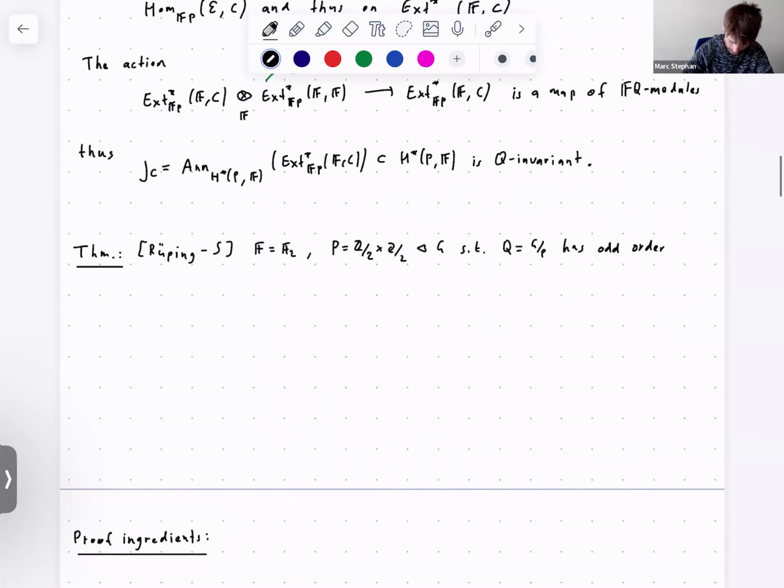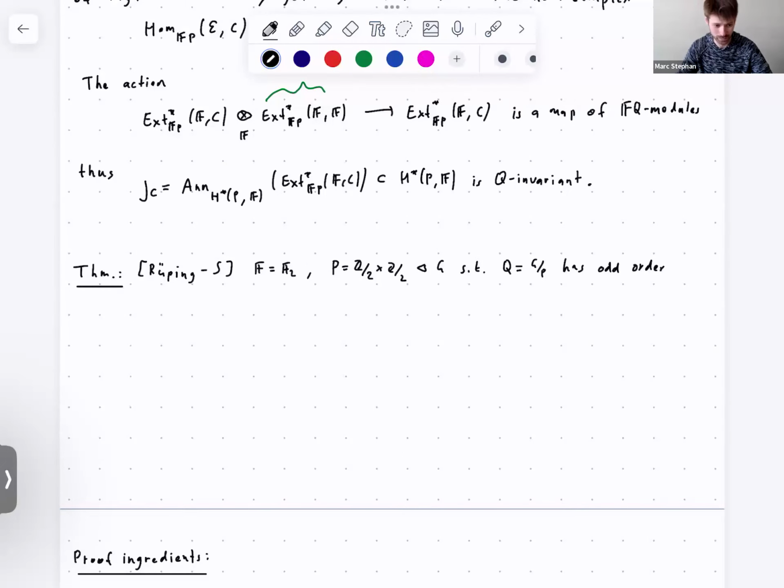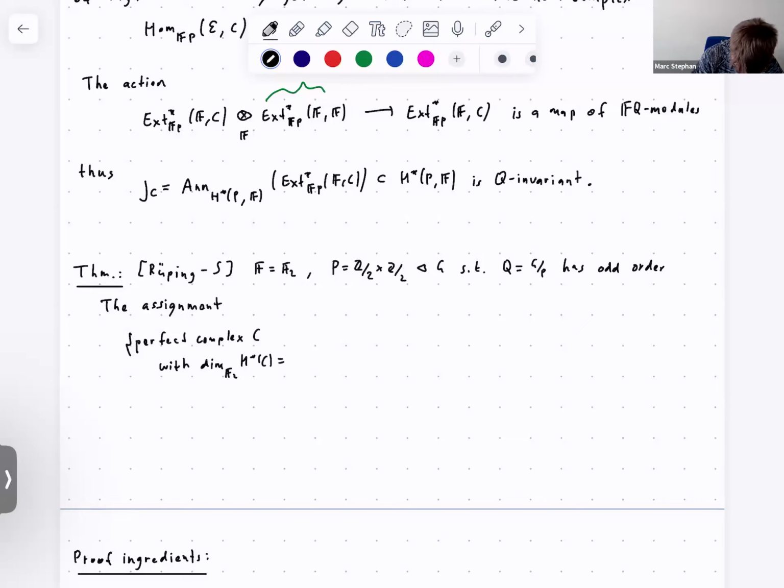And now in the specific case where our field is of characteristic 2, or actually, I'll write F2, it makes it a bit simpler, and our P is C2 cross C2 sitting inside some group G such that the quotient is of odd order, then we get a classification of perfect complexes with four-dimensional homology, namely the assignment where we look at a perfect complex of four-dimensional homology, everything up to quasi-isomorphism.